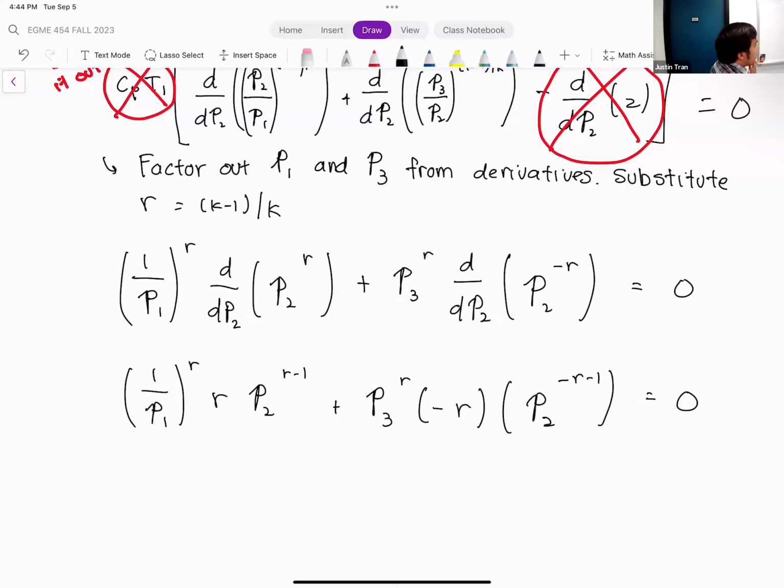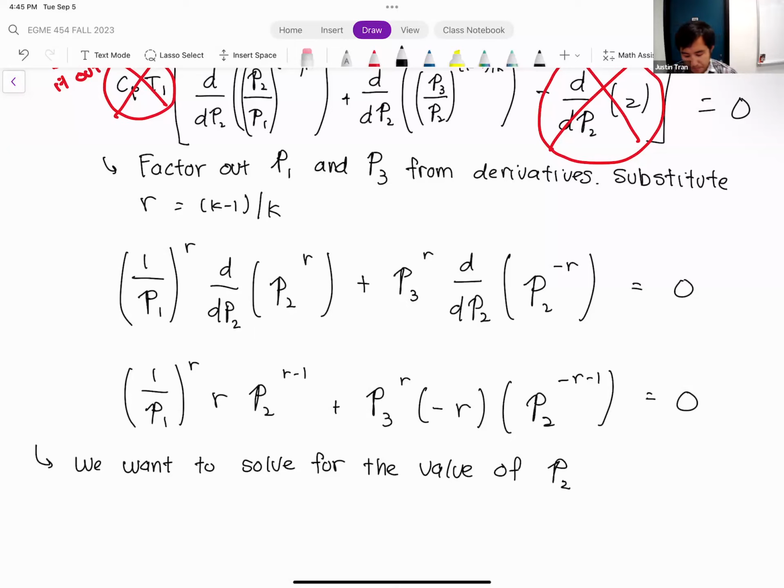All right, so from here we can use algebra, and remember, the goal of this step is to solve for the value of P2. And so we're going to solve for that using this expression. First thing I'm going to do is we have a factor of r on both terms, so let's go ahead and cancel that out.